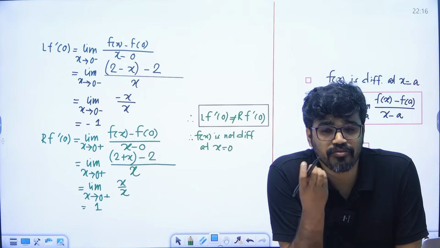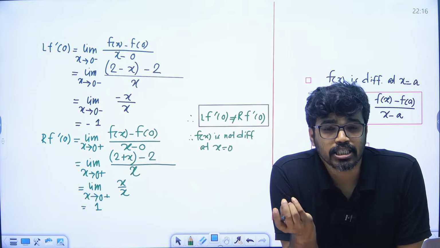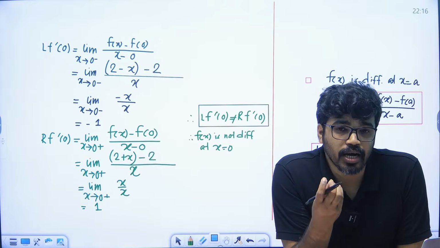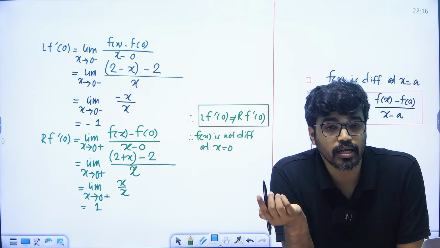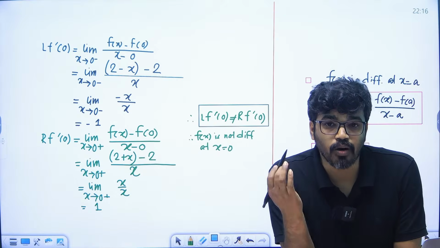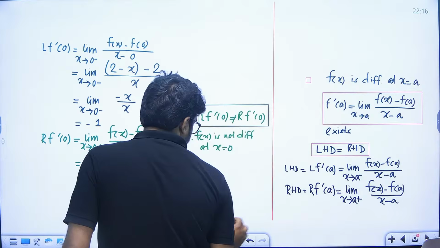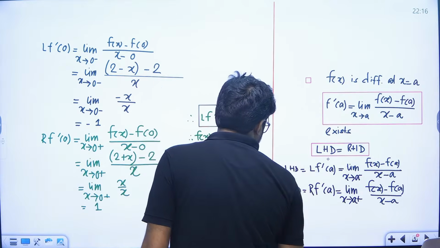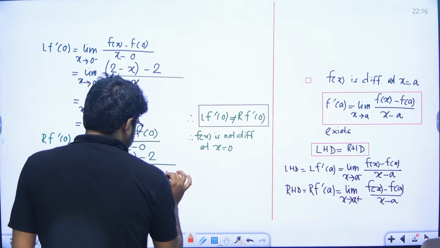If a function is differentiable, then it must be continuous. Any differentiable function will surely be continuous, but if it is continuous it may not be differentiable. It is a very important note. What is the note? That is continuity.